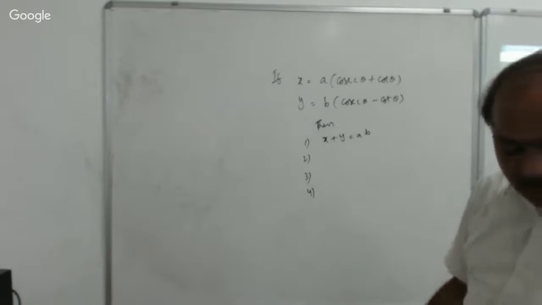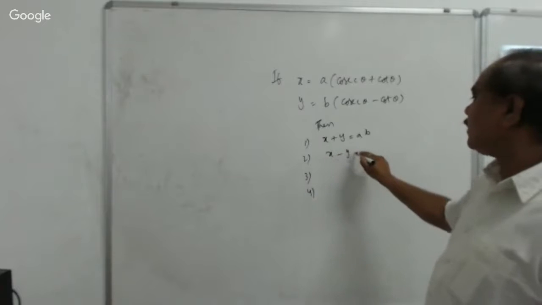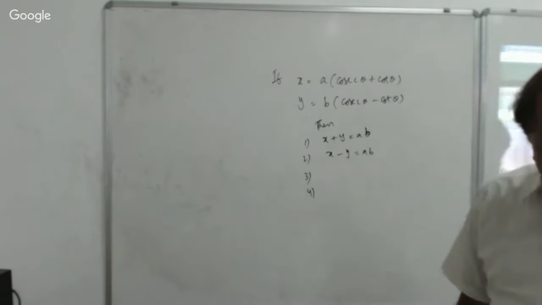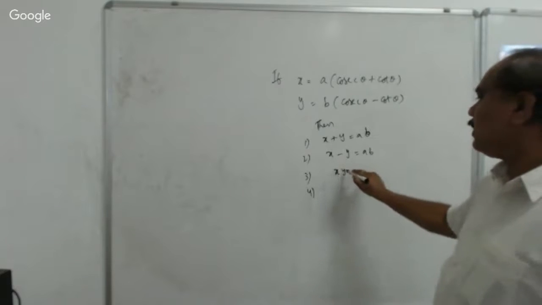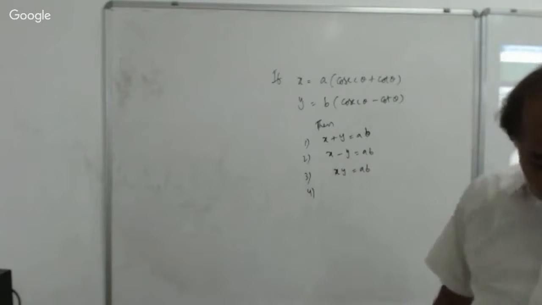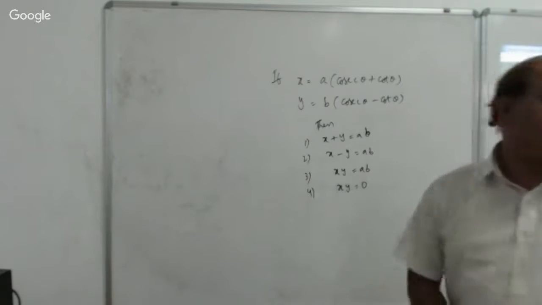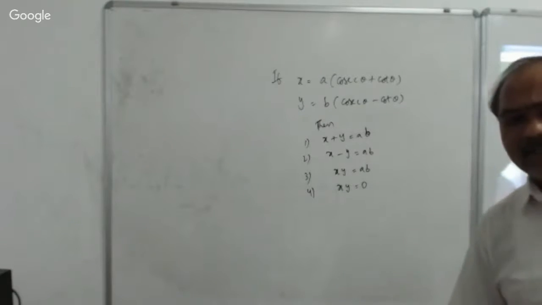Second option, x minus y equal to ab. Third option, xy equal to ab. Fourth option, xy equal to 0. Here also the same model, eliminating theta.